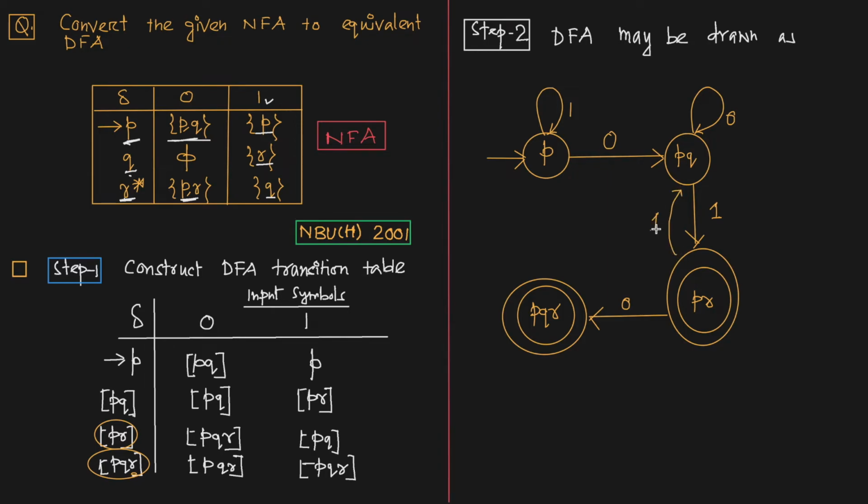So PR is complete. Next PQR. PQR on 0 goes to PQR. Next, PQR on 1 goes to PQR.